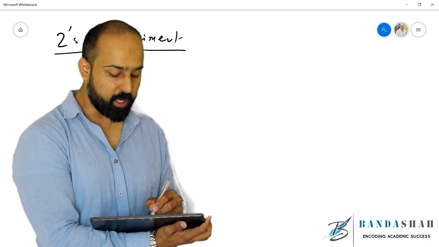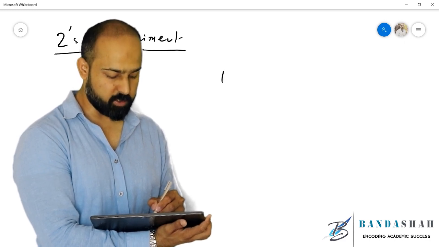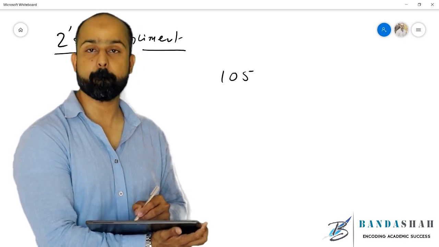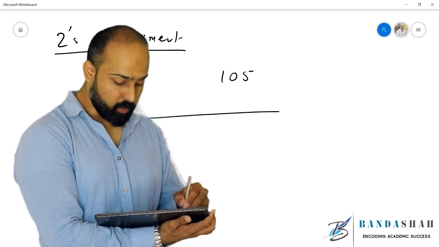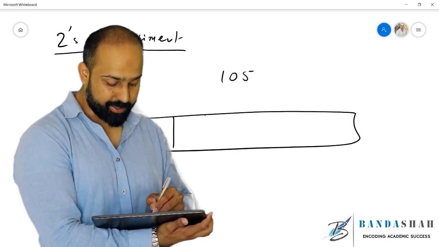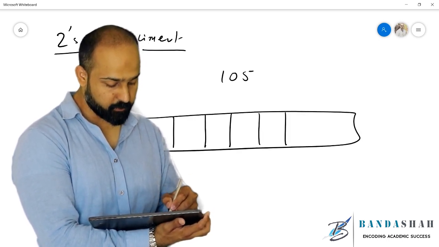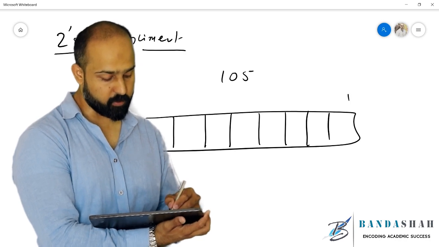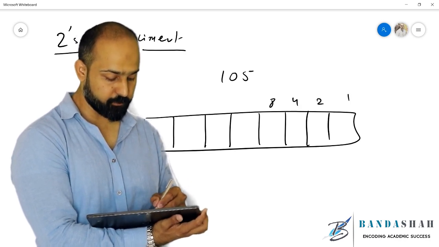Before starting the 2's complement, let's have a quick recap. For example, if you have a number like 105, and you have to store it in an 8-bit register like this, you know that the powers go like this.